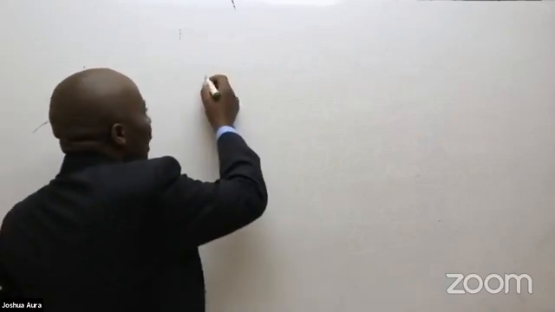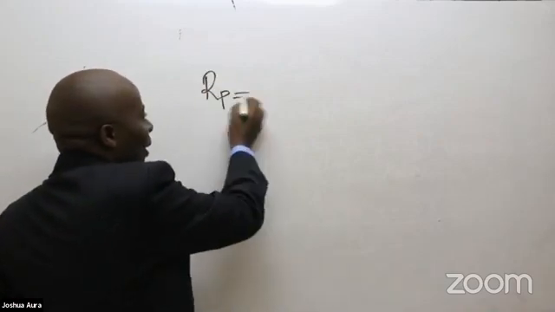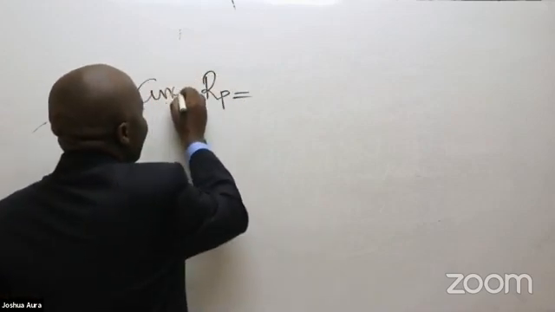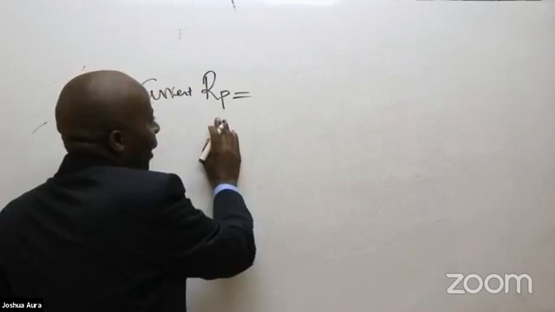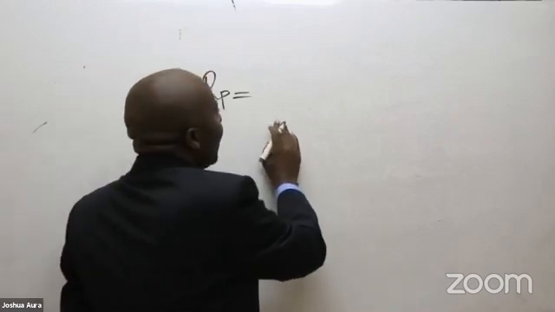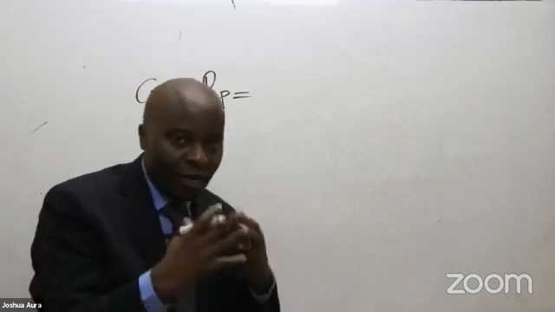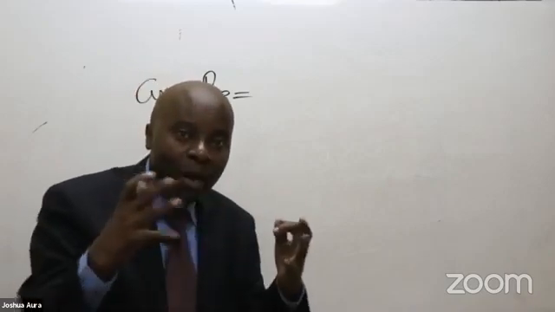Ladies and gentlemen, remember a portfolio is a combination of what here? Investments. So when they talk of the current portfolio returns, what I will do is take the returns of the securities which I had to combine to get this particular portfolio.